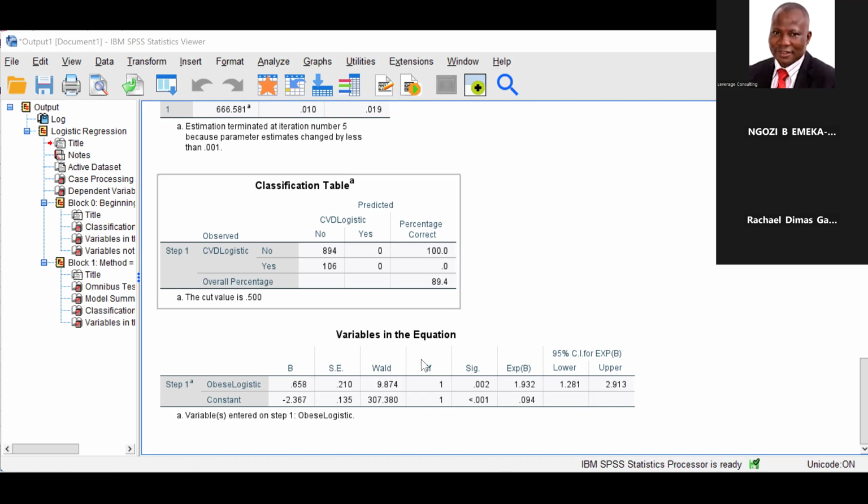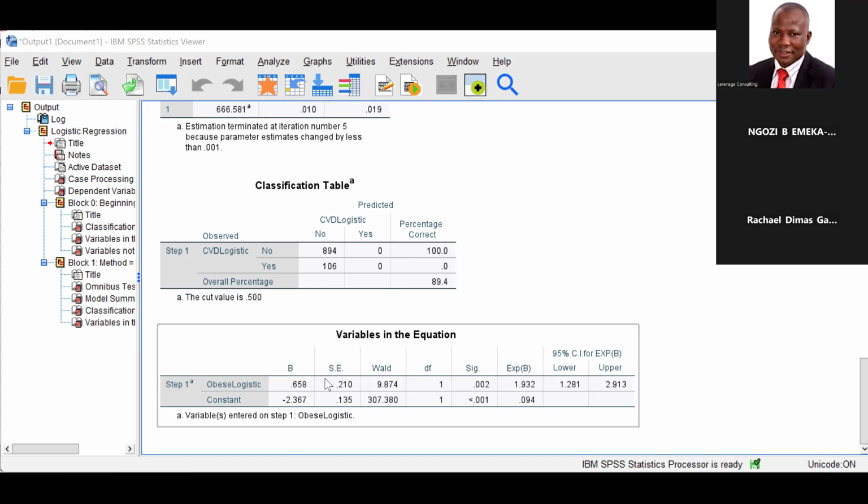Now you see the beta and the standard error. This standard error is a measure of how accurate is whatever you are measuring, the beta. Then we have the Wald statistic, which is chi-square.